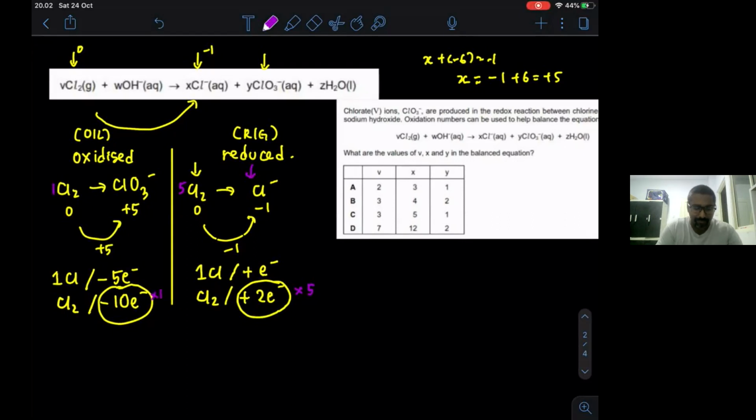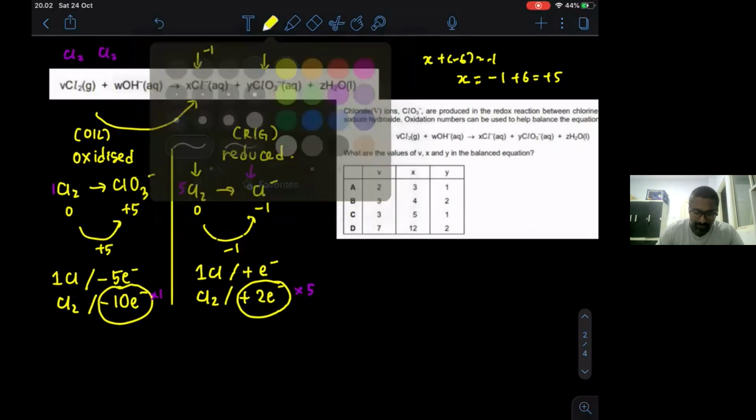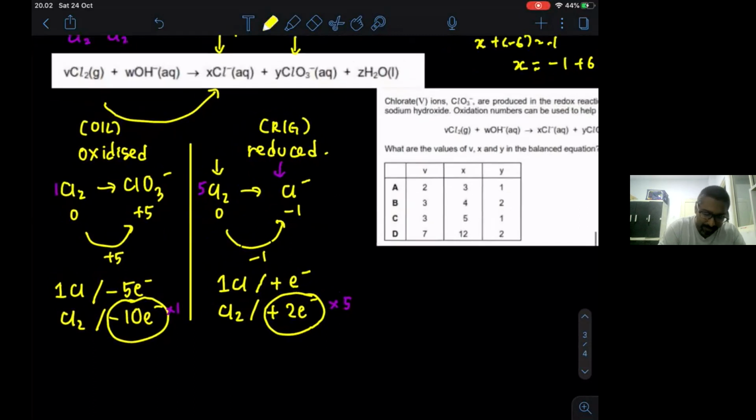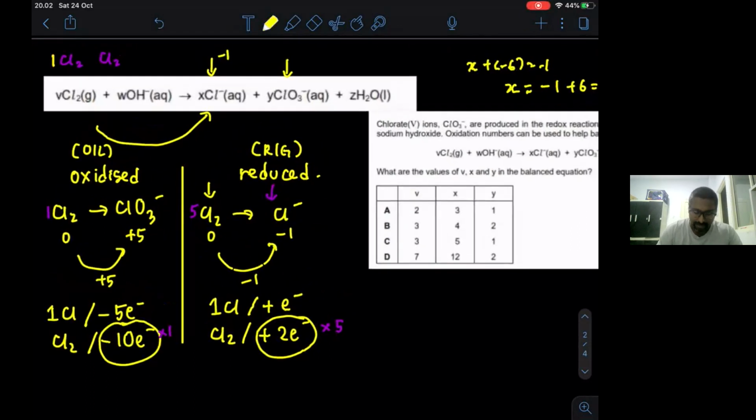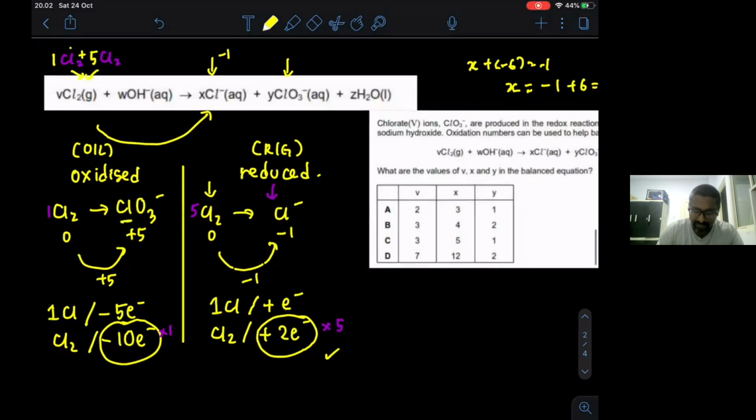Earlier we separated this into Cl2 and Cl2. One of them we times by 1, and this Cl2 we times by 5. Remember this is plus. Both of these together represent Cl2. If you have one Cl2, this one is going to be ClO3.